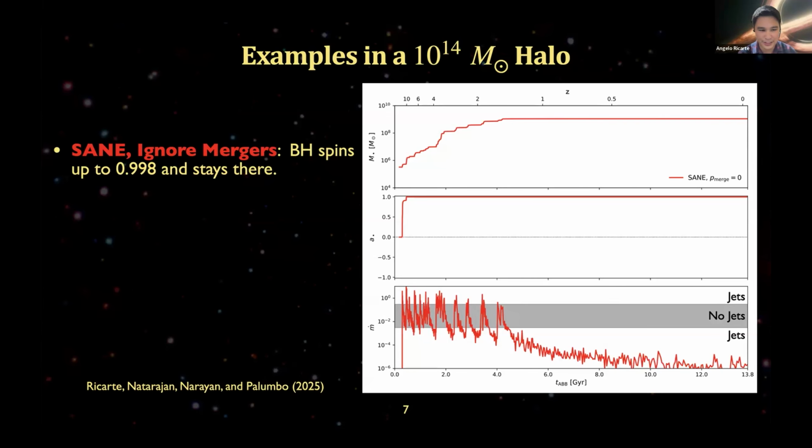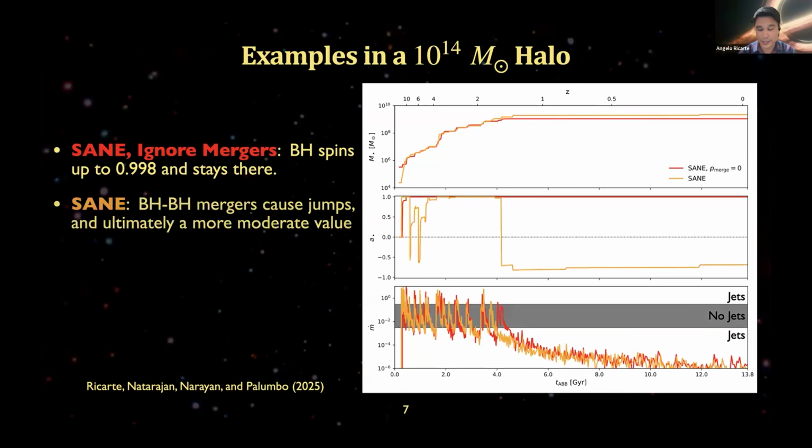You spin up to 0.998, and you stay there. If you account for black hole mergers, which we normally do in Serotina, this will cause some jumps. There are numerical relativity formulae that we can use to give you the resultant spin of the black hole. And then ultimately, there's a more moderate value at late times that it settles on.